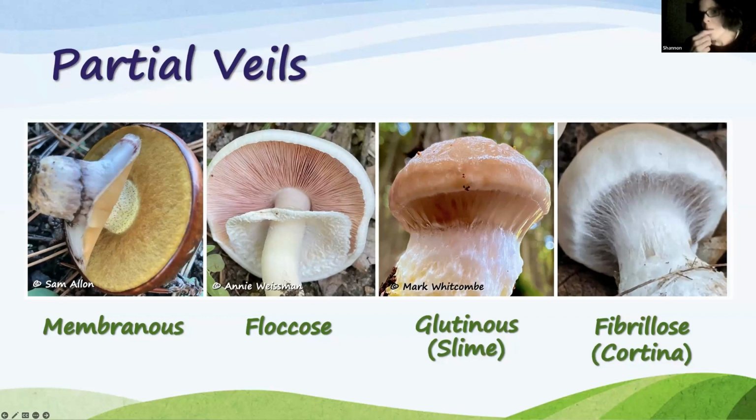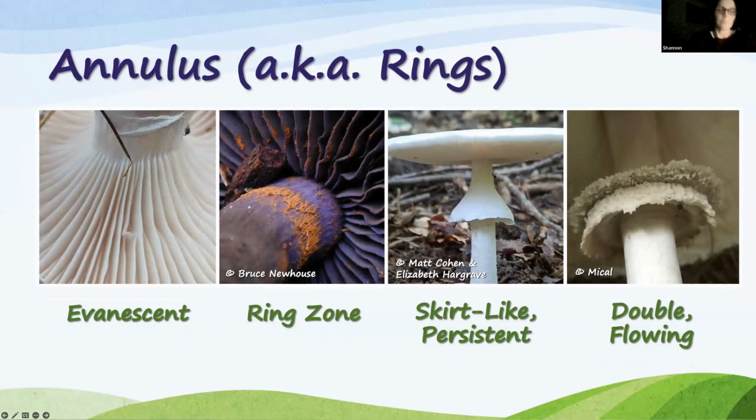And when the partial veils detach from the margin, sometimes they can fall, remain attached to the ring, and form what's known as the annulus, also known as rings.